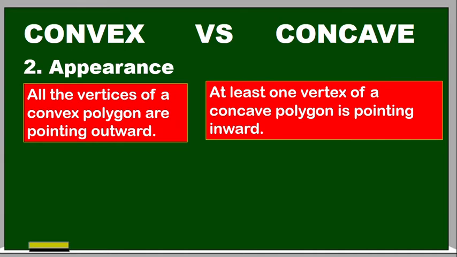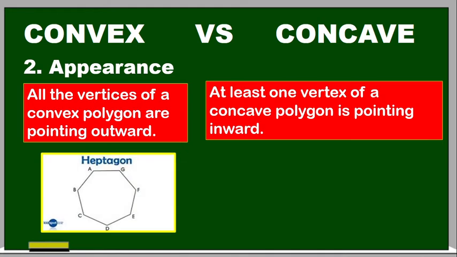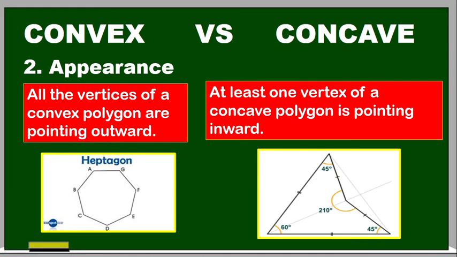Okay, so let us take a look at the given example. Heptagon. Heptagon is a polygon with 7 line segments. All the vertices are point A, point B, point C, point D, point E, point F, point G. All the vertices are pointing outward, patusok sa labas. Okay? Next, we have an example of concave polygon.